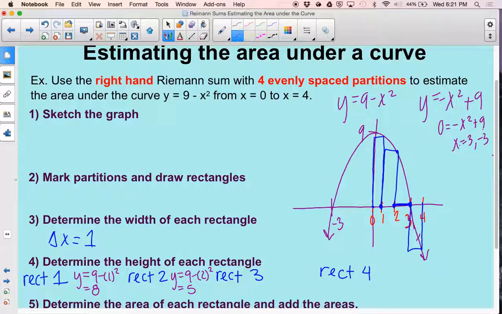Rectangle 3, we're going to use 3 to figure out the height. So y equals 9 minus 3 squared, which is 9 minus 9, which is a height of 0, which shows up in the diagram. And then rectangle 4, we're going to use 4, so y equals 9 minus 4 squared. 4 squared is 16. 9 minus 16 is negative 7. So those are all of my heights, rectangle 1, 2, 3, and 4.